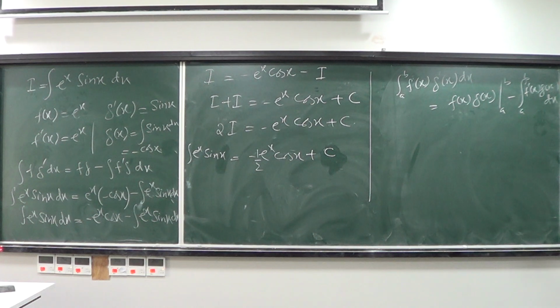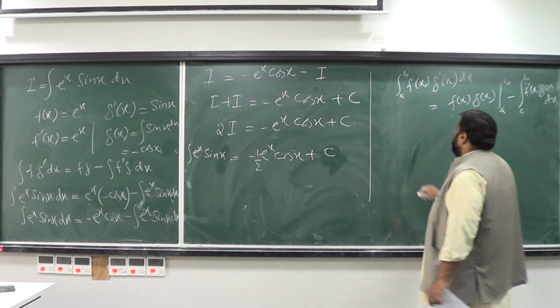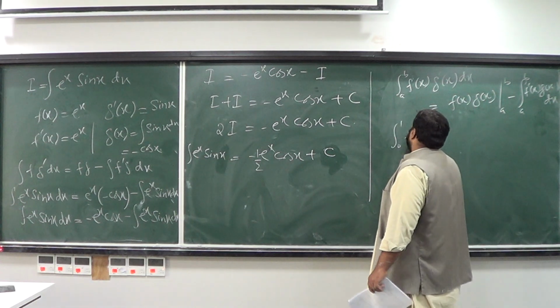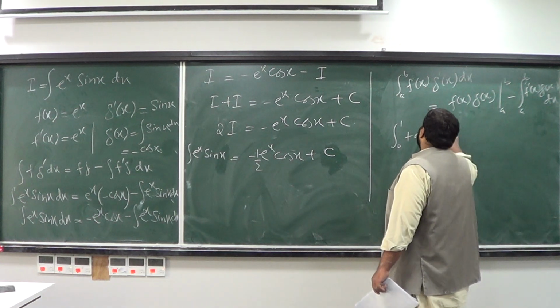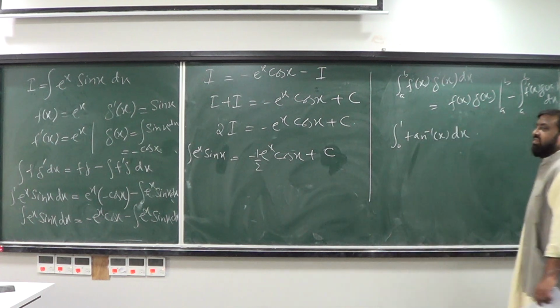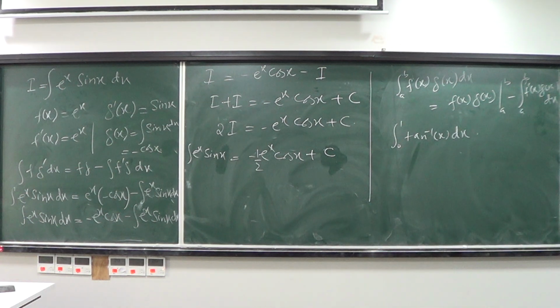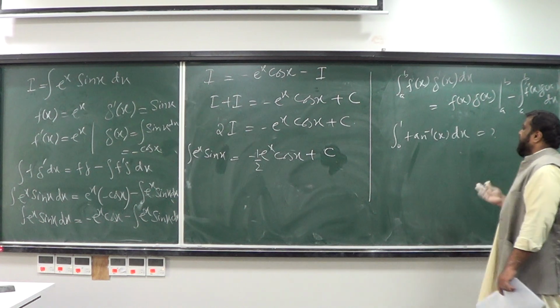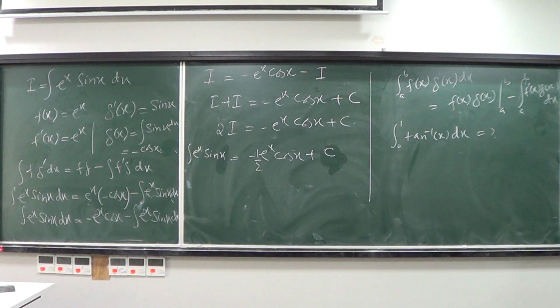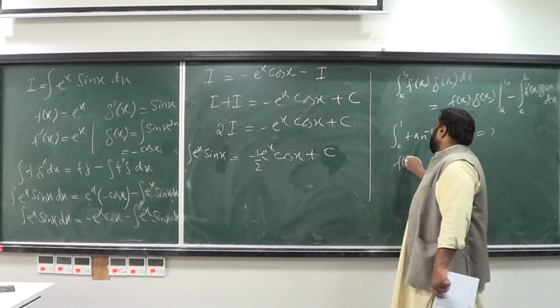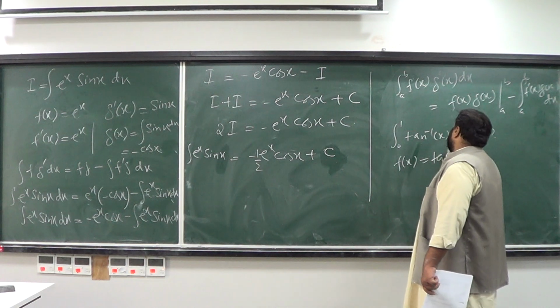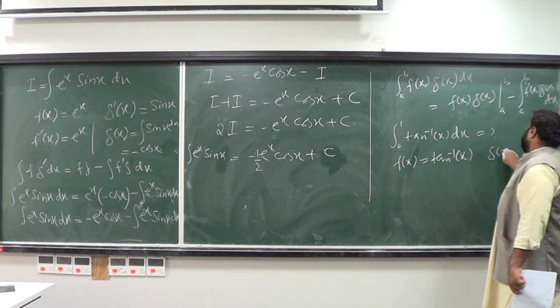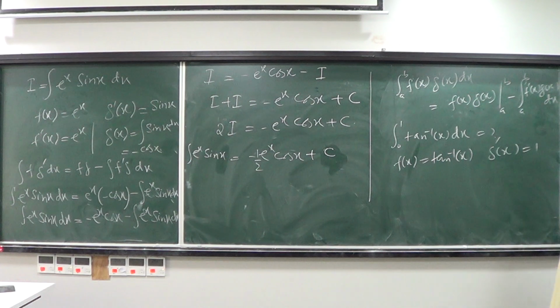Based on this, try to calculate the integral of tangent inverse x dx. It's again an inverse trigonometric function, so the same trick would work. I'm not getting into the details of it, but it's not difficult to calculate. You take f of x to be tan inverse x and g prime of x to be 1.